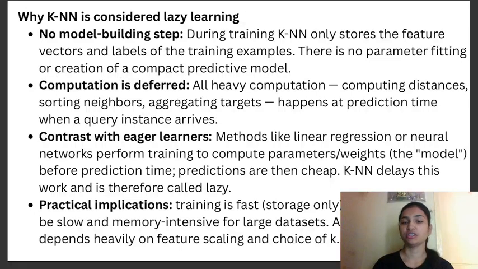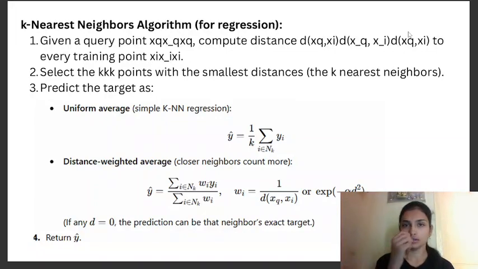Practical implications: training is fast, but prediction can be slow. It is memory intensive for large datasets. Also, KNN's behavior depends heavily on feature scaling and the choice of K. Okay, so now we will compute the value of ID 11.